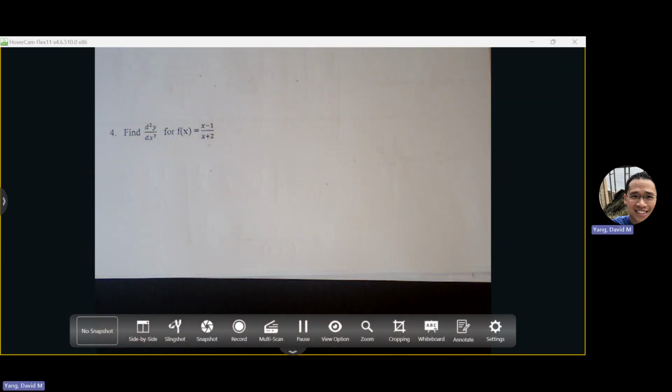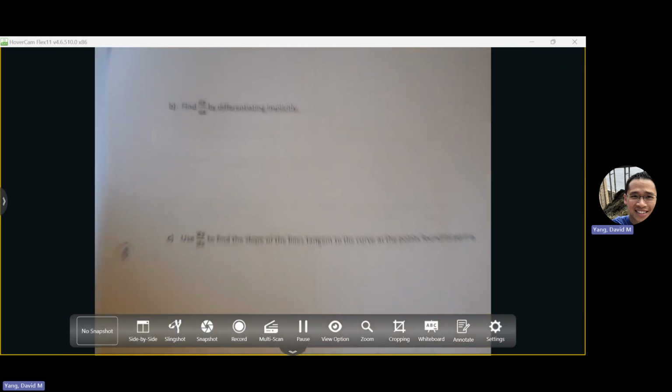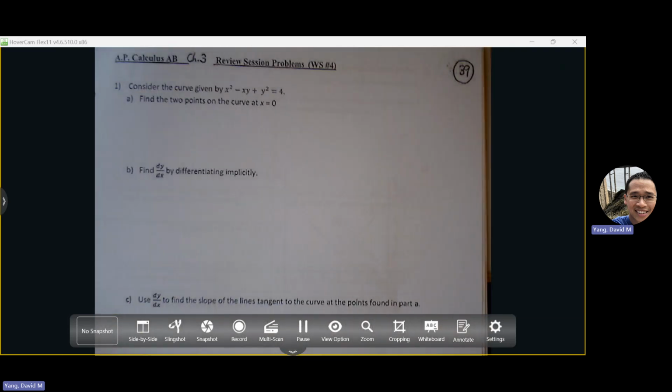Okay, turn to page 39. So pages 39, 40, 41, it says worksheet number 4. And then immediately after that, I've got the key attached. So worksheet 4 is what I'm going to be doing tomorrow as morning review.